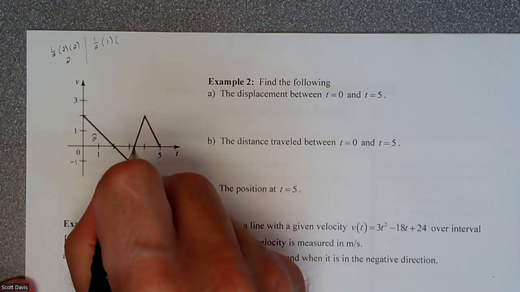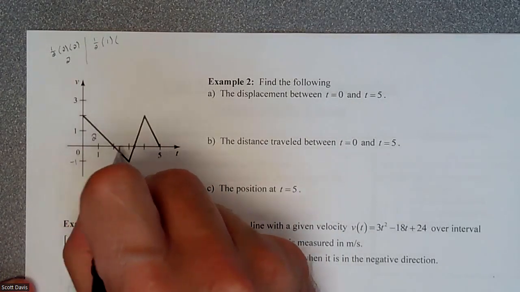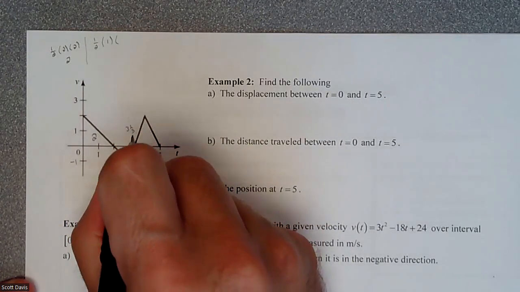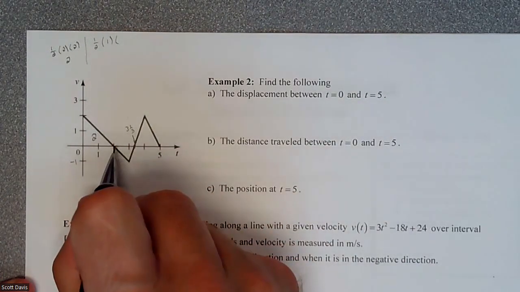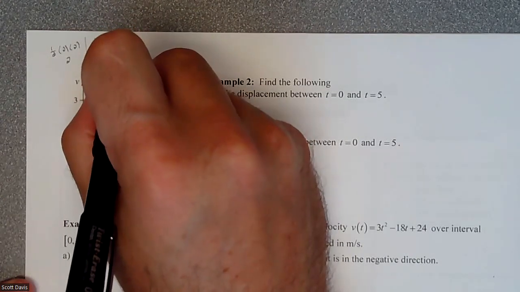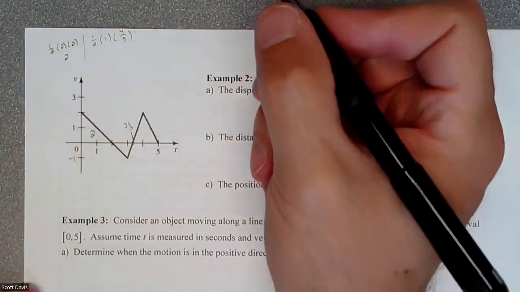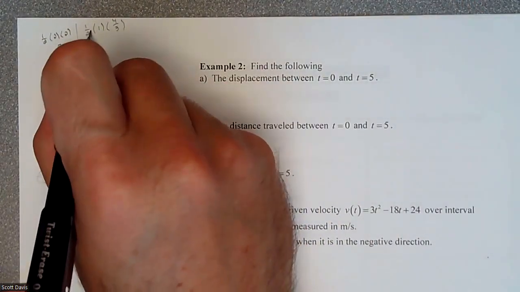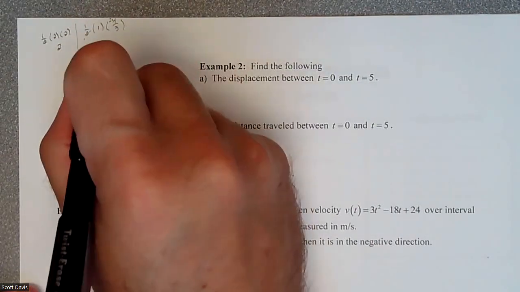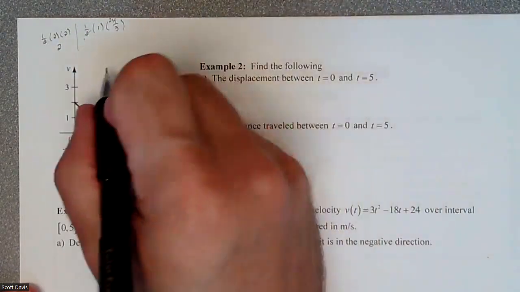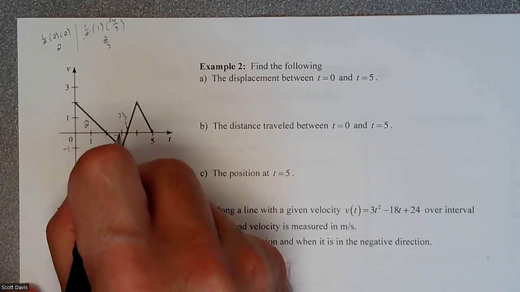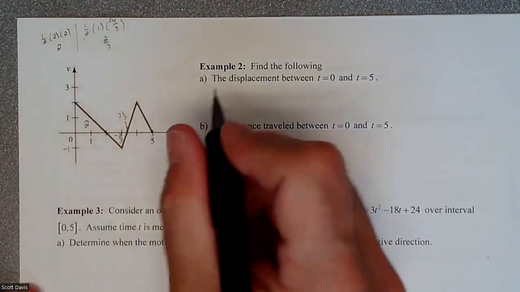So that point is 1, 2, 3, and 1/3 for that point right there. So our width is 1 1/3. Let's call that 4/3. So when we do our area, that 2 can simplify with the 4, so the area is 2/3. And we're going negative, so it's a negative 2/3 for that area.